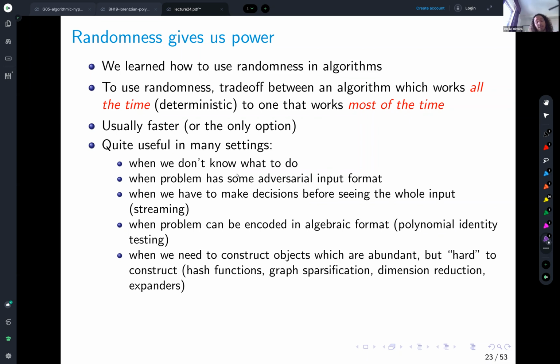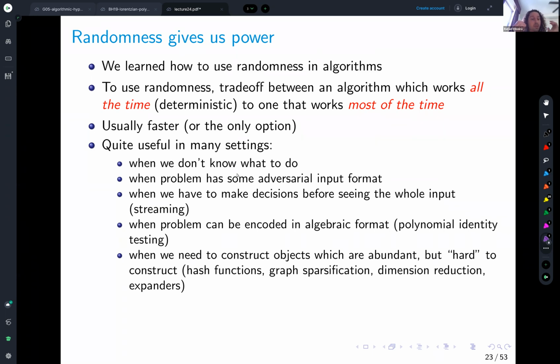For example, with hash functions. We say, okay, let's pick a random function from a family of hash functions, and this will work for our input, right? But it's really hard to construct one deterministically. Even in perfect hashing, even when we know what the entire data looks like, it's still really hard to construct a perfect hash function for it. So we use randomness to construct those.